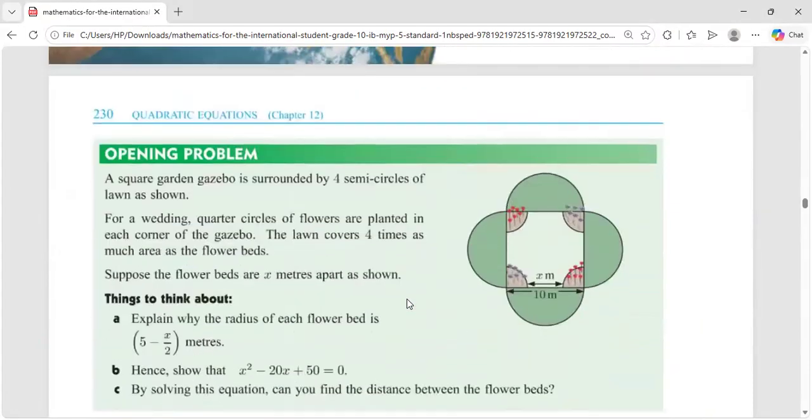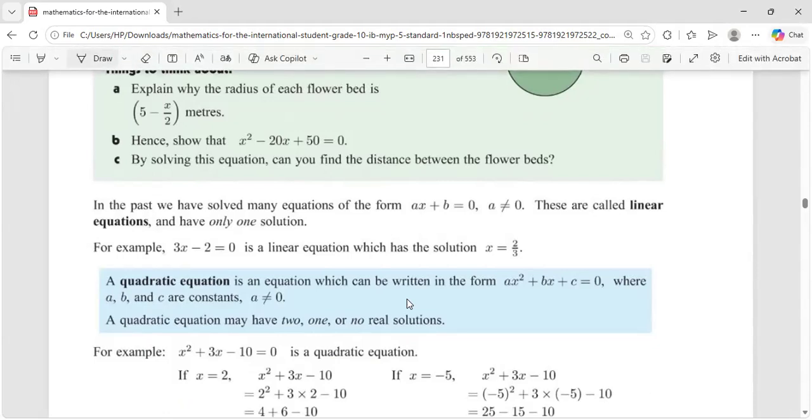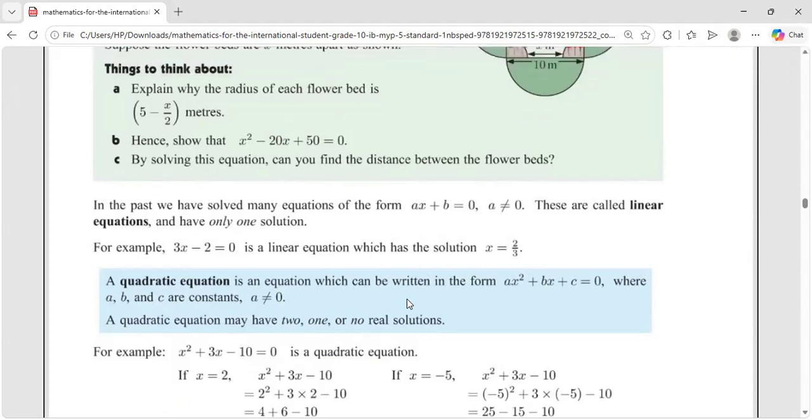So the very first part, we will come back to this open-ended problem. But in the past, we have solved many equations of the form ax plus b is equal to 0. These types of equations form a straight line, and hence they are known as linear equations. Moreover, they have only one solution.